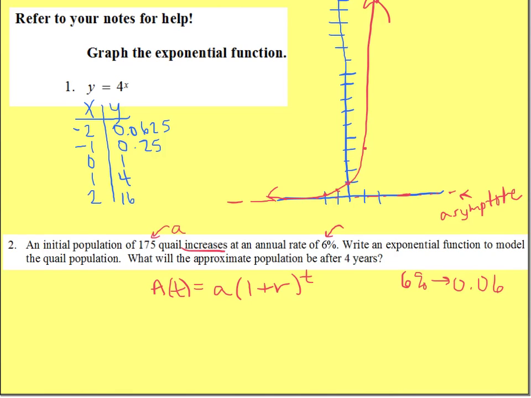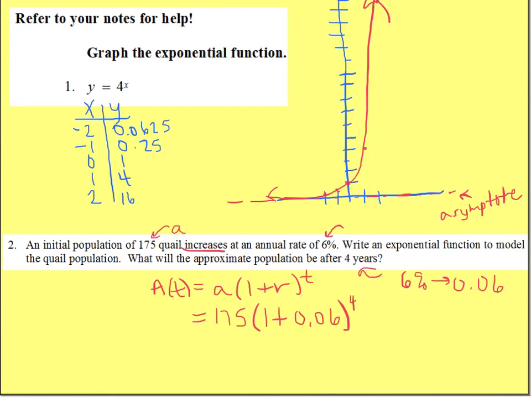Well, my first part says write an exponential function to model the quail population. Because they told me 4 years, I can put that in when I'm actually calculating. So I've got initial amount times 1 plus 0.06 to the 4th power, and then I'm going to put this whole thing into my calculator.